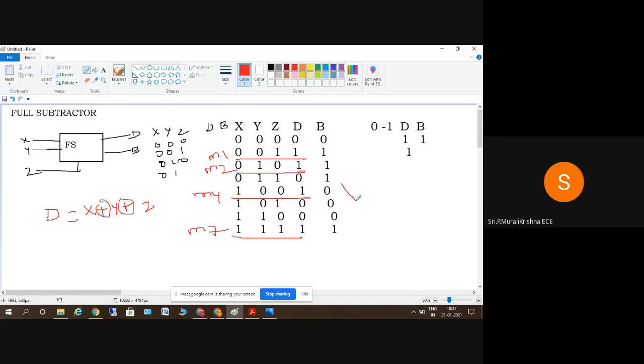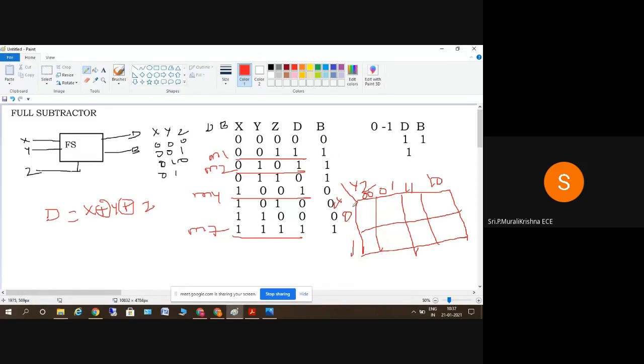So the K map will be like this. What are the min terms here? This is X, this is YZ: 0 0, 0 1, 1 1, 1 0. What are the min terms for borrow?